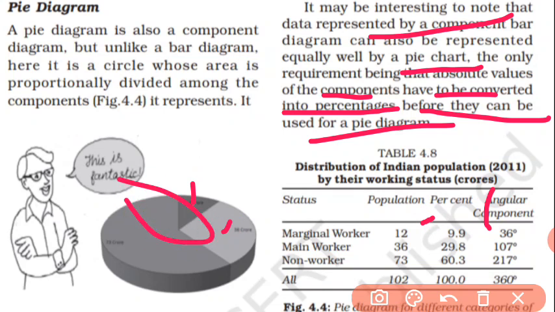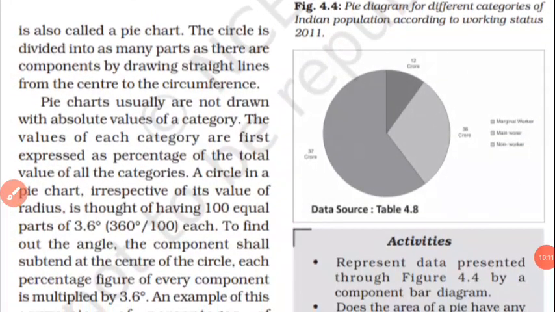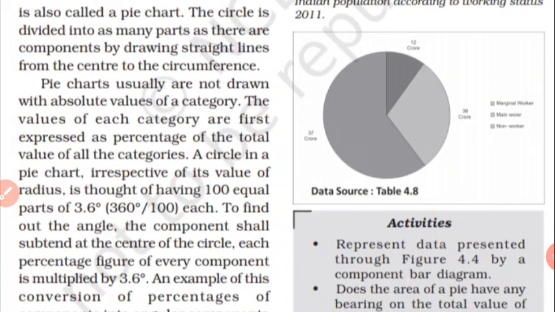Non-workers will be 73, so it will be non-worker stream. Okay, so another diagram, data structure of crore marginal workers, non-marginal workers. So in this diagram also they are representing the workers. So this way it is very convenient to study and prepare all the analysis.